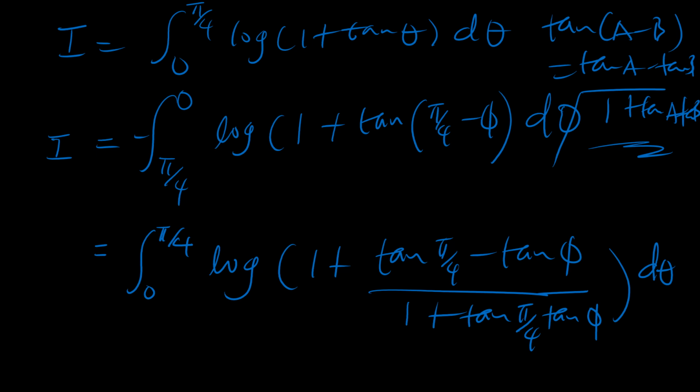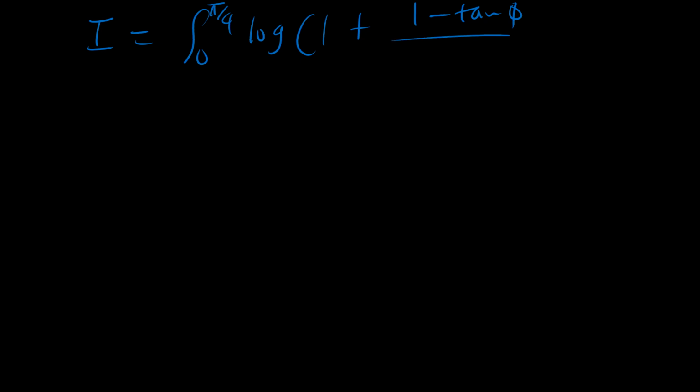As you can see, this goes to 1, this goes to 1, and so what we are left with is I being equal to the integral from phi equals 0 to phi equals pi over 4 of logarithm of 1 plus (1 minus tangent of phi over 1 plus tangent of phi) d phi, which is equal to the integral from 0 to pi over 4 of log.